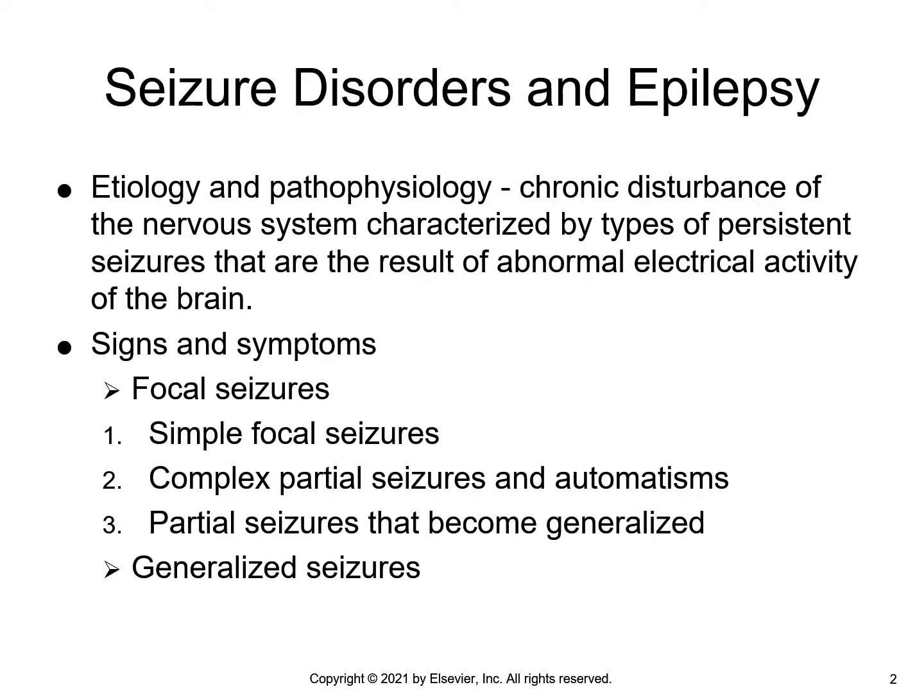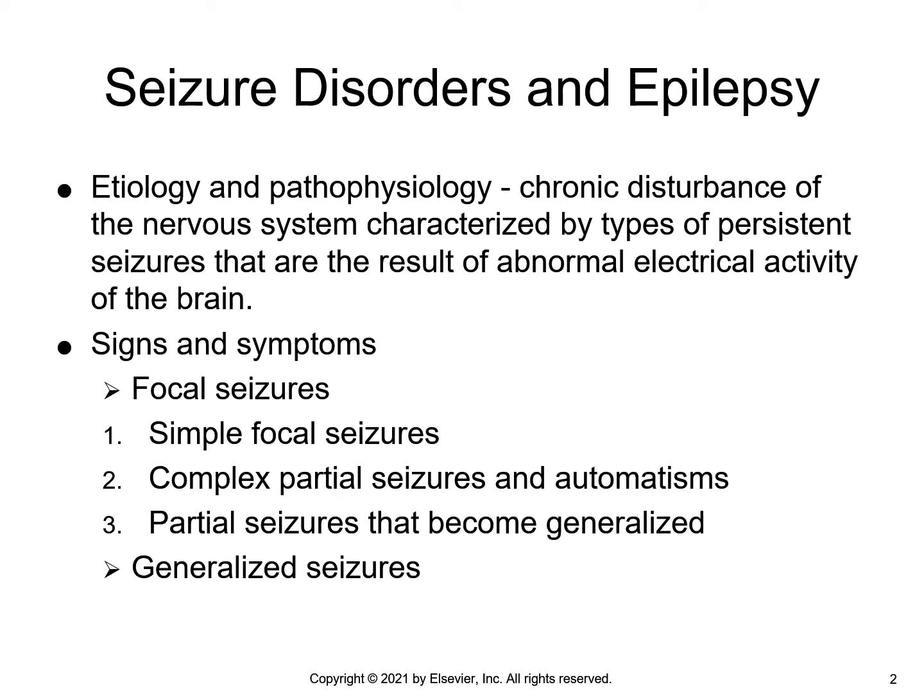A focal seizure, also known as a partial seizure, affects only one part of the brain, leading to a localized clinical symptom. Partial seizures, also called simple or focal seizures, result from an abnormal localized cortical discharge.